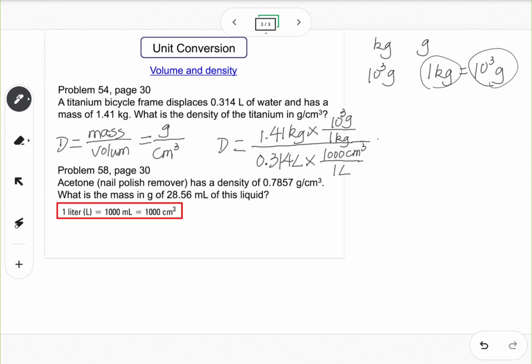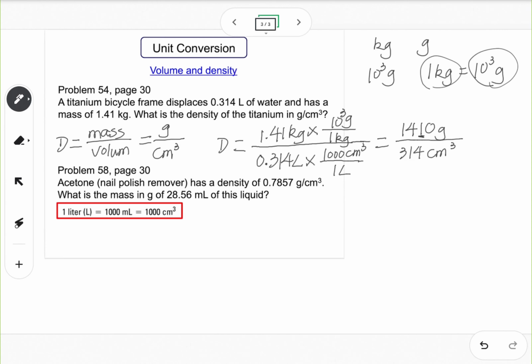We're finished. Now let's do the calculation. On top, it gives us 1410 gram. Again, we are supposed to have 3 significant figures, so let me highlight the 1 here. For the bottom, ignore the significant figures of those constants, and we are supposed to have 3 significant figures, so the bottom part is going to be 314 cubic centimeter.